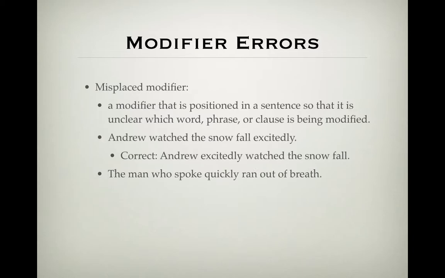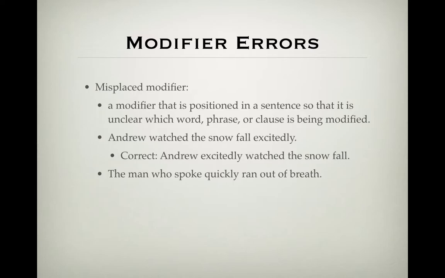Another example, the man who spoke quickly ran out of breath. And here, the word quickly is our culprit, and what's confusing about this sentence is, is it the man who spoke quickly, as in he was speaking at a fast rate, or the man who spoke quickly ran out of breath? He ran out of breath at a fast rate.